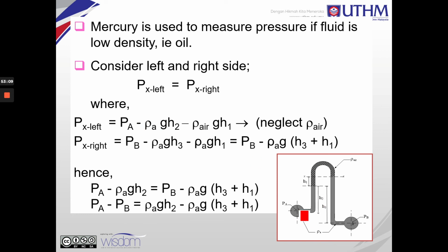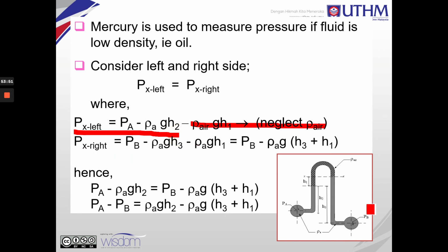So PA minus density of A times g times H2, and also minus rho g H1 here. If we neglect the atmospheric pressure, because we just assume it as 0, then we only have this equation.